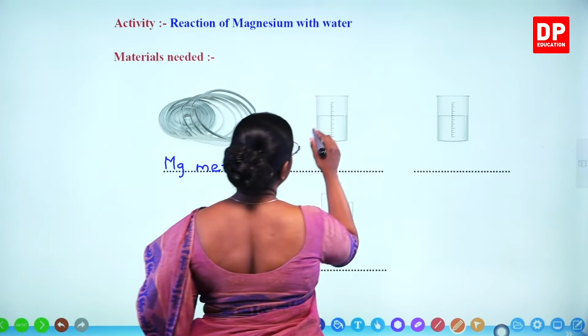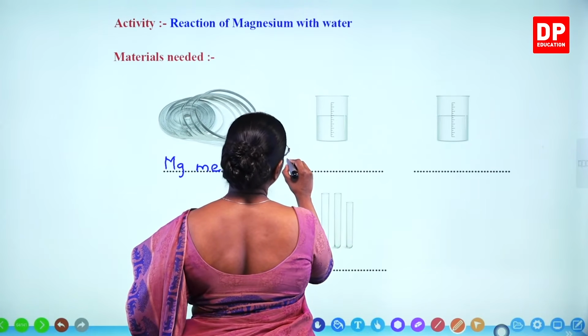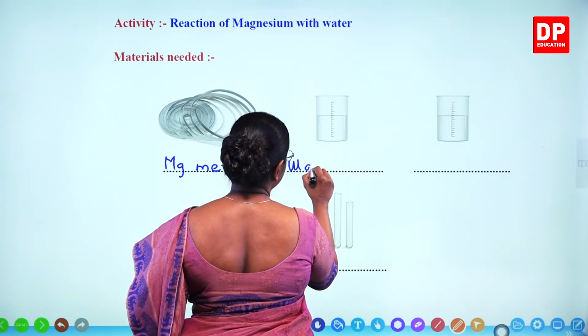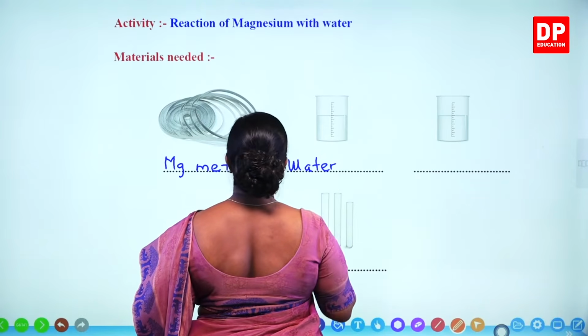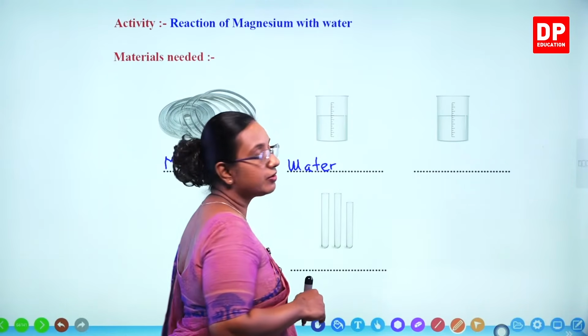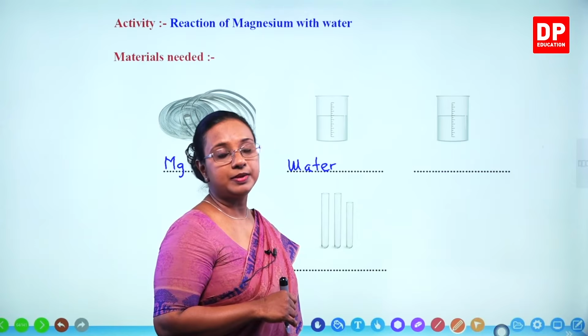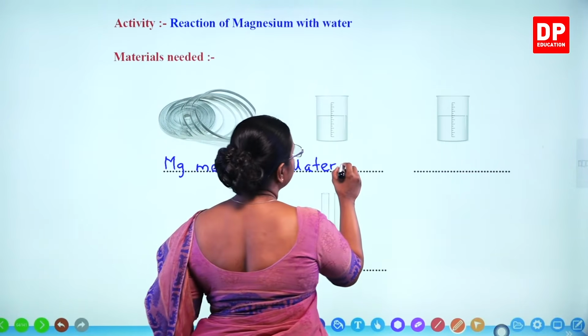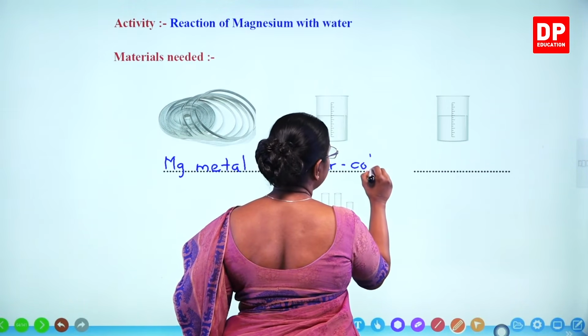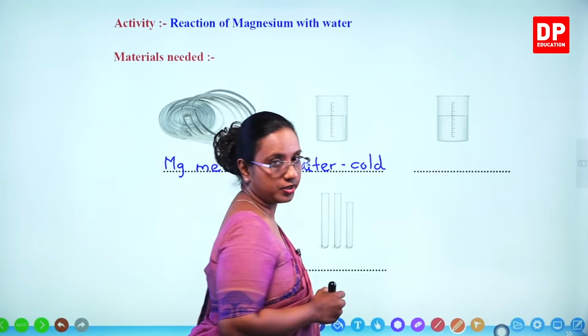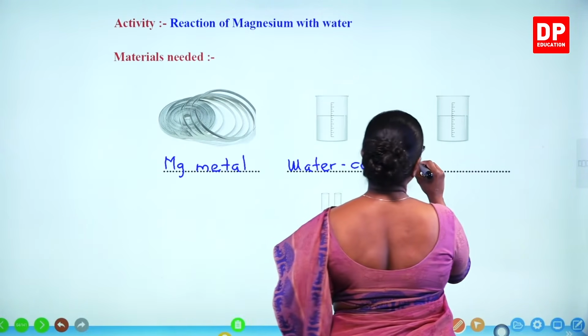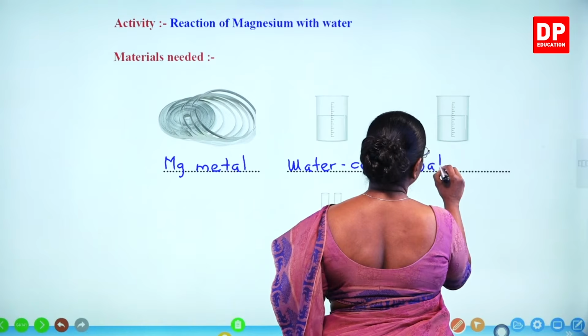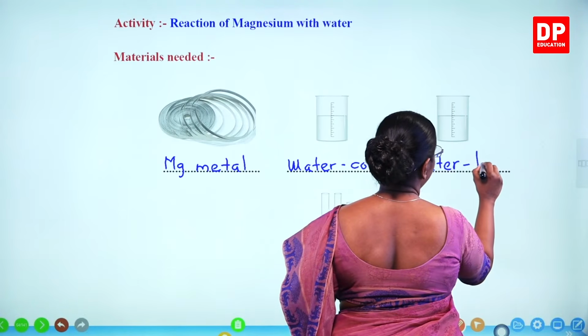We will need a beaker containing water. So we need water for this activity because we are going to react magnesium with water. But first we will try the reaction with cold water and then we will use water but which is hot.